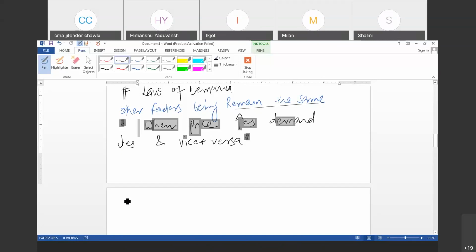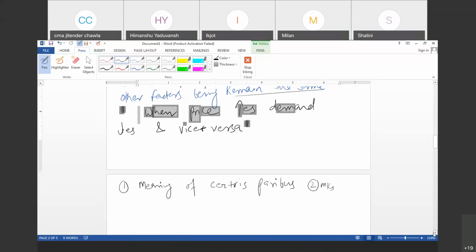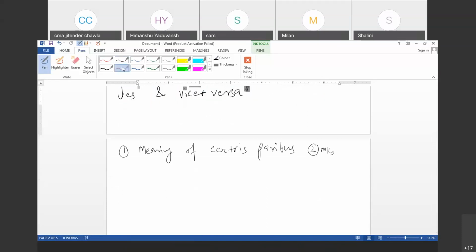हाँ, पेपर में एक ऐसा एमसीक्यू में क्वेश्चन आया, what is meaning of ceteris paribus. 2 मार्क्स का एमसीक्यू था. सो एक लाइन में मैं लॉ ऑफ डिमांड अगेन लिख रहा हूँ. There is inverse relation between price and quantity.